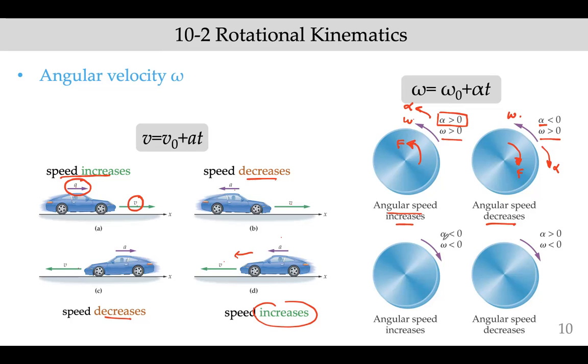Now look at here, both are negative, which means clockwise, and they're in the same direction, so you get increasing speed. Here you get clockwise angular speed, but counterclockwise angular acceleration. And because they are, again, in the opposite direction, you get decreasing angular speed.